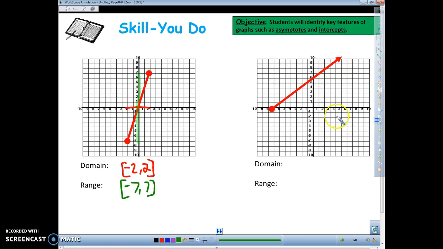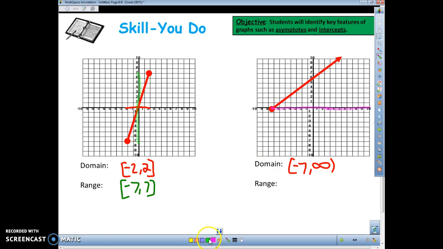For this one here, my domain, again with the highlighter, starts at, let's say, kind of in between, so let's say -7.5, and notice it has an arrow going this way, so that means it's going to continue on forever. So it starts at -7, and it goes out that way, and that would be infinity. So I use a parenthesis there.